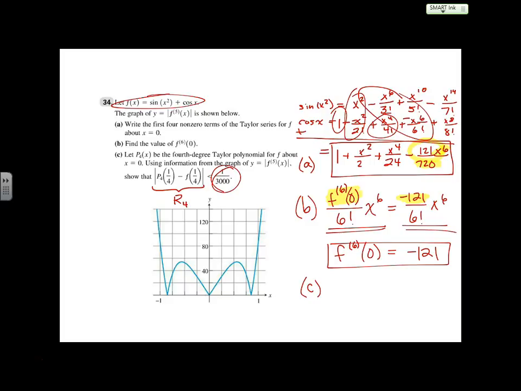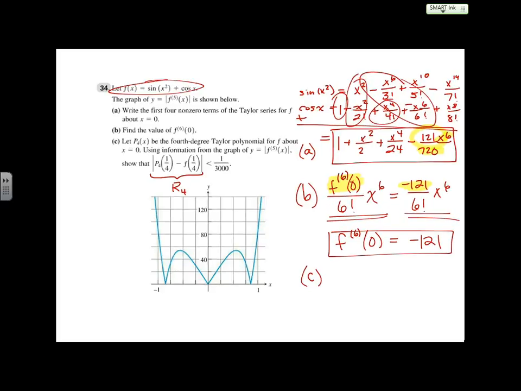We have to say, what do we know about the remainder of any power series? Remember, the remainder does have to equal the Lagrange expression for some z within, in this case, the interval 0 to 1/4.